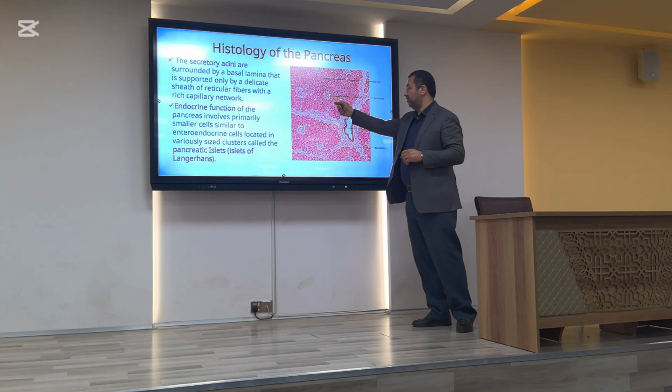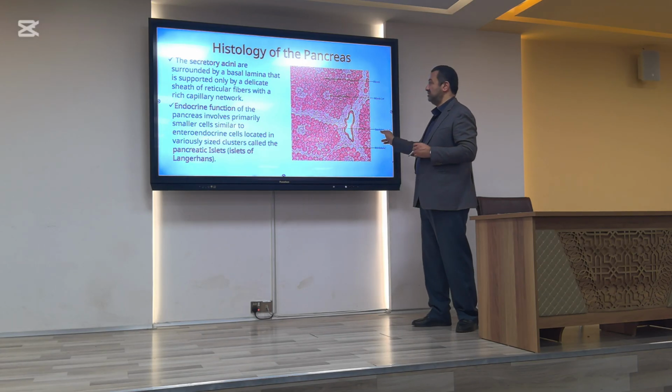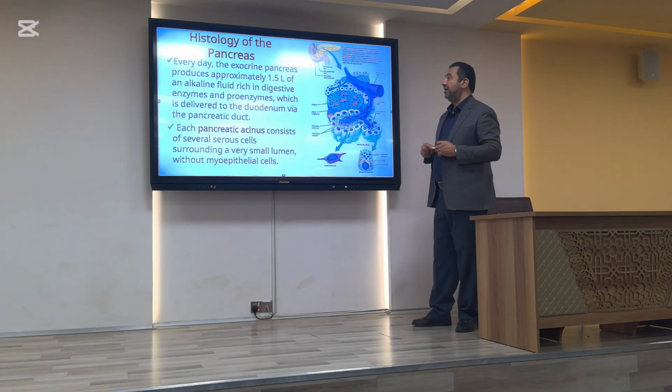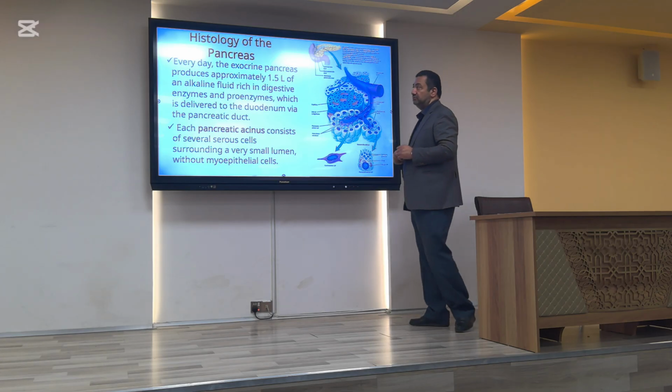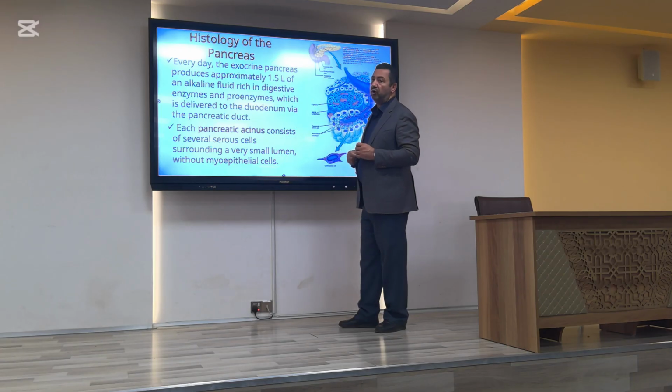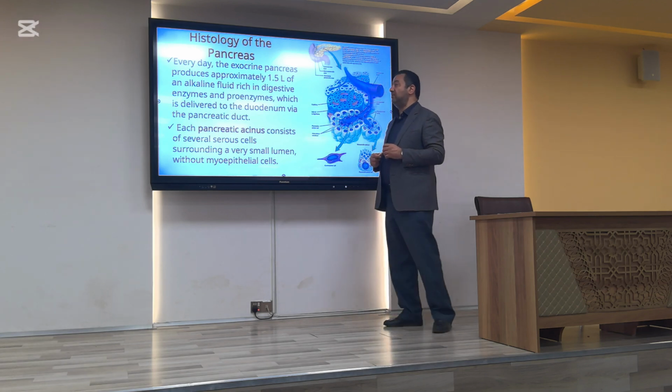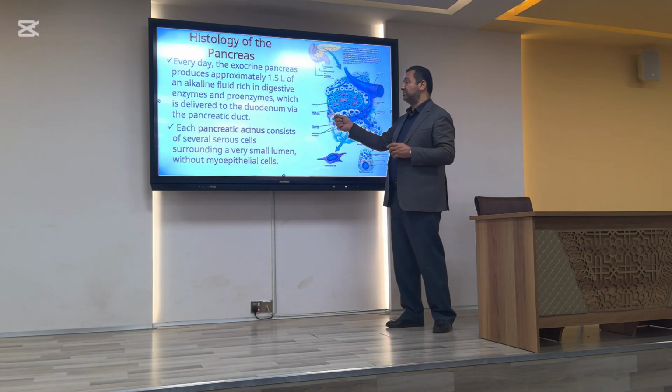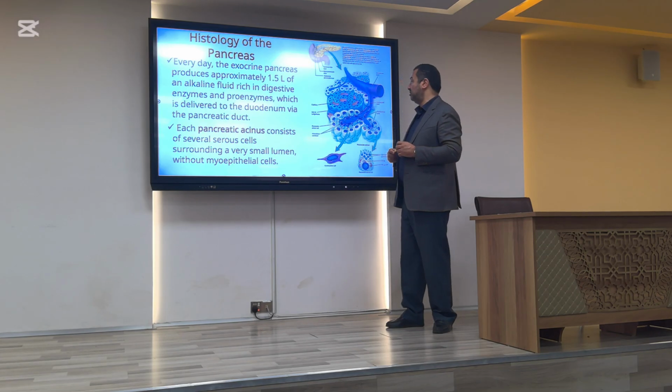This is an islet of Langerhans, and these are exocrine acini. Every day, the exocrine pancreas produces approximately 1.5 liters of an alkaline fluid rich in digestive enzymes and proenzymes, which is delivered to the duodenum via the pancreatic duct.